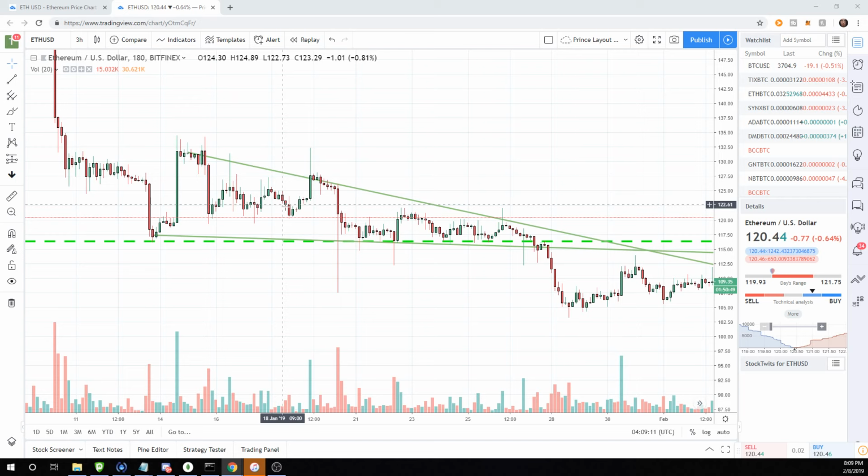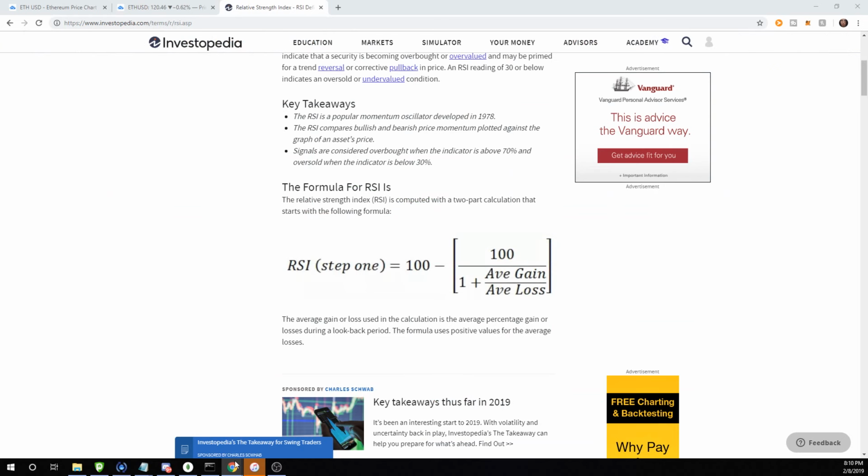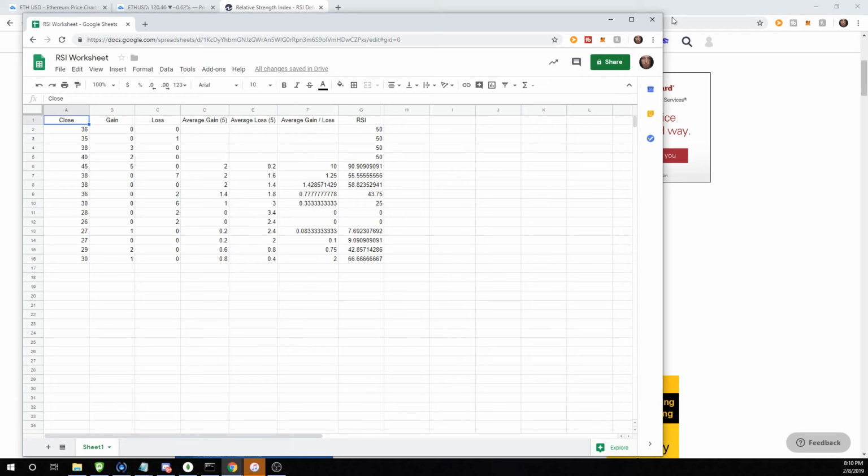In order to do so, we're going to start out by taking those close values, the values from the closing candles. And in this case, I'm literally just going to make them up for the sake of argument. If this were a candle chart, this would be the first candle, this would be the second candle, the close, the third candle, fourth candle, fifth candle.